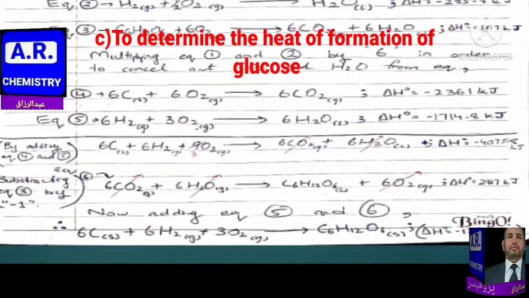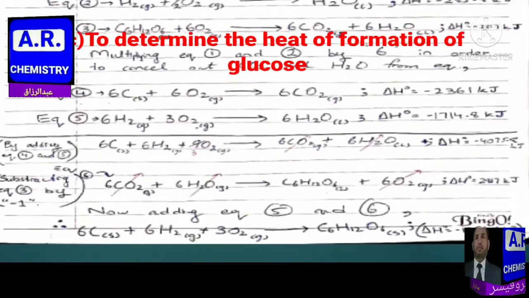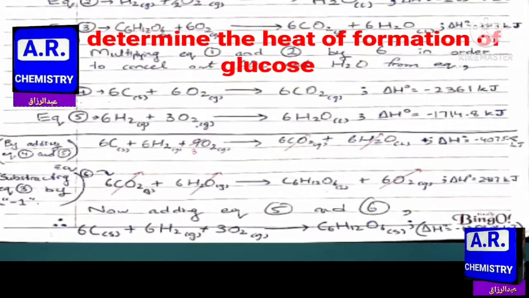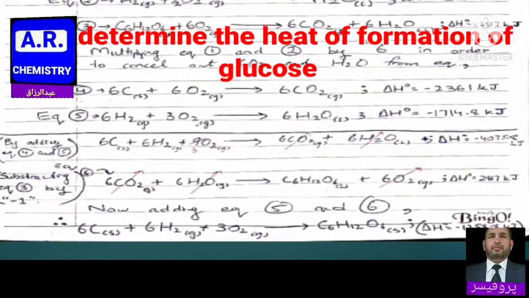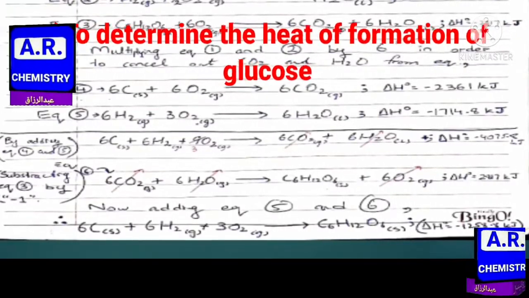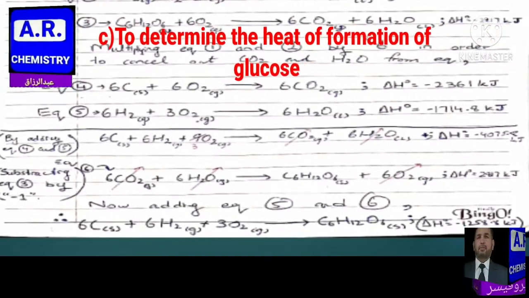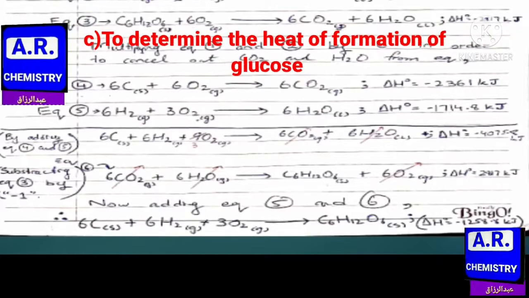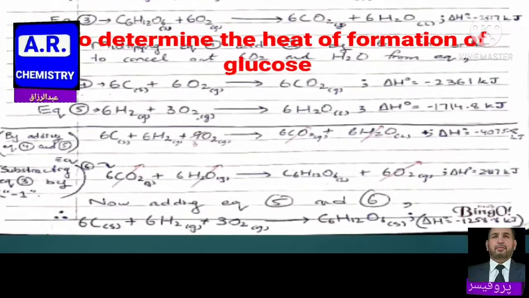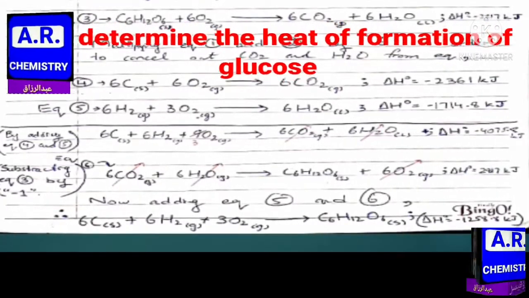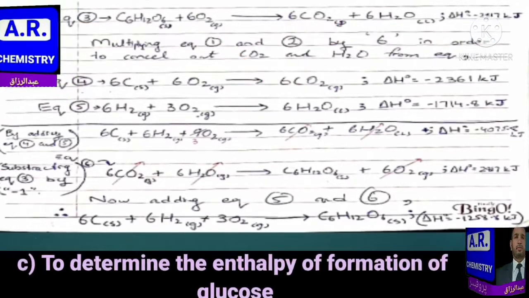You will find on the screen that carbon dioxide 6, they are cancelled out. H2O 6, they are cancelled out. All other things will be cancelled out. Oxygen will remain after subtraction. You will get 3 O2 there.